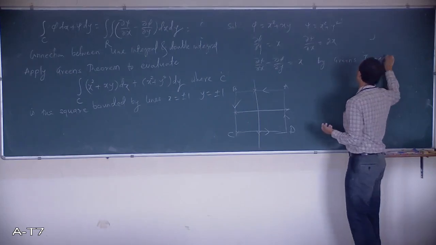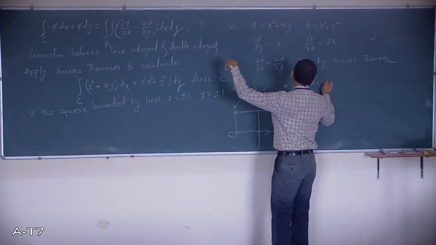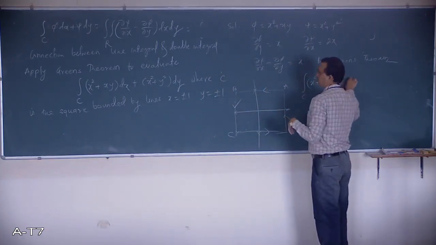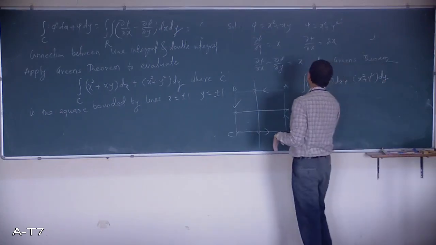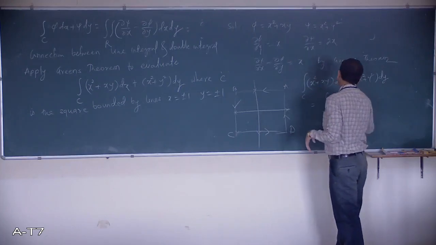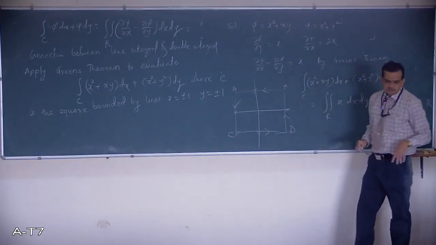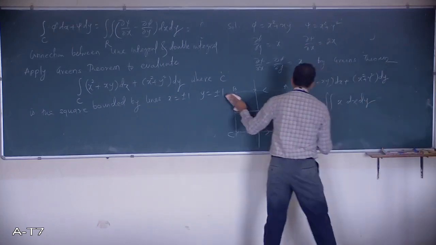what you will write now, that integral of x square plus xy dx plus x square plus y square dy becomes the double integral over R of x dx dy. Now, the limits of x and y are easy to write.